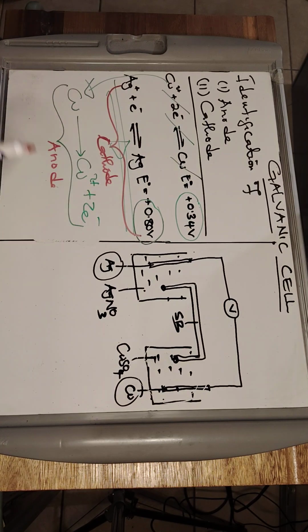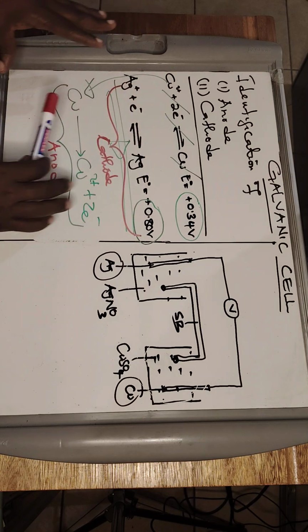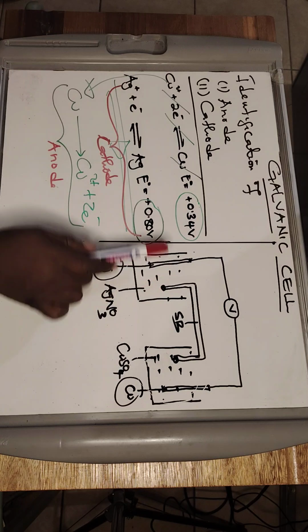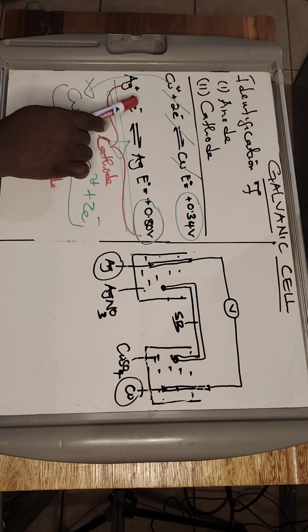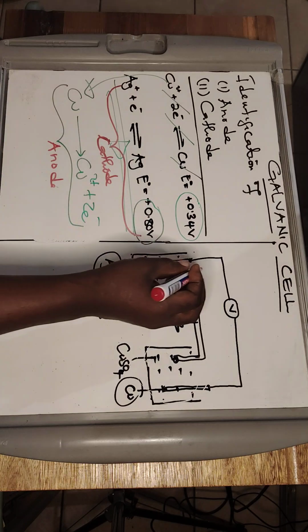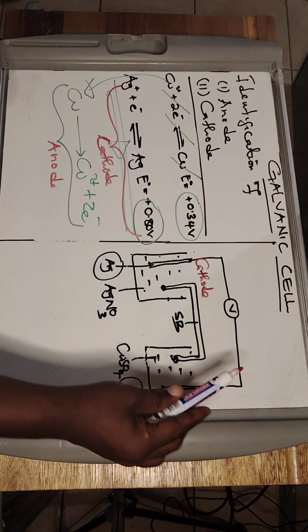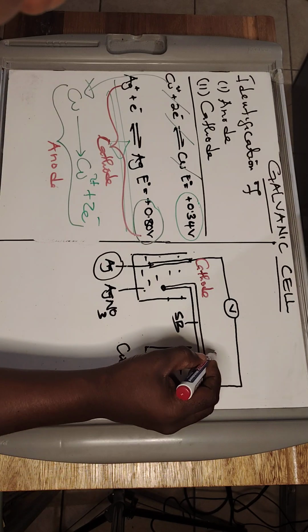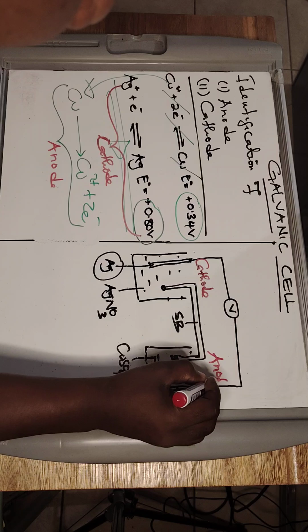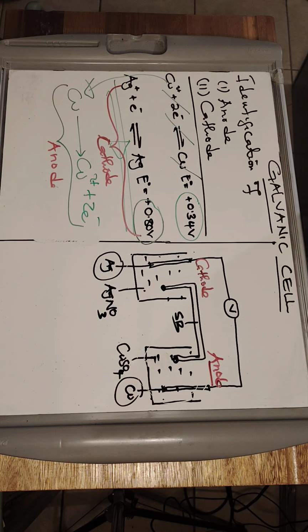So this method has even given us both: it has helped us to identify the anode and cathode, and also helped us with the reactions. So from what we have just put here, silver is the cathode and the copper half cell is the anode. Okay. Now, where else can we know about galvanic?